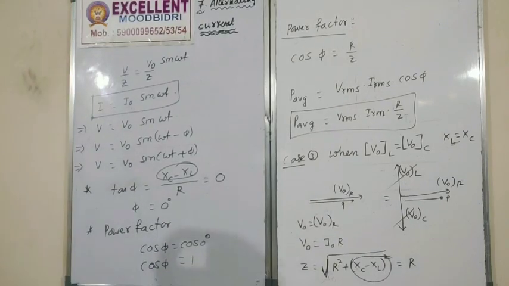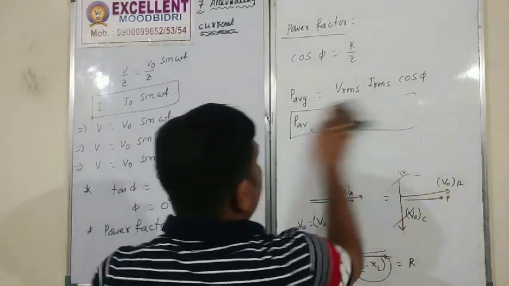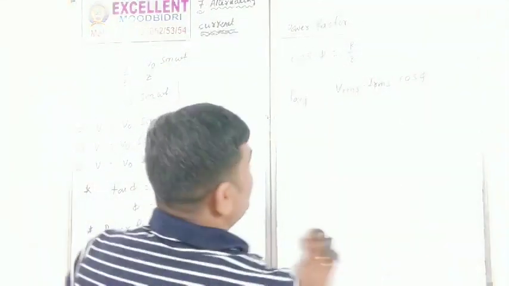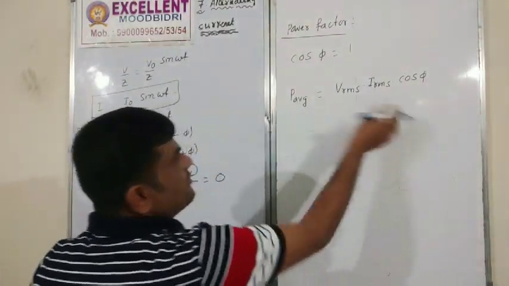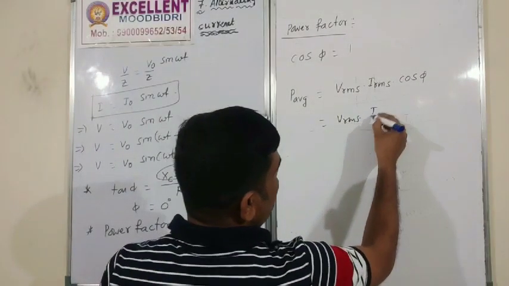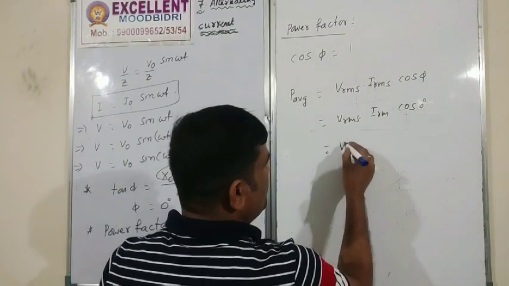Then average power. I have written the power factor and all those things right here. So how much is cos phi? 1. Power is VRMS into IRMS into cos 0, which is 1.